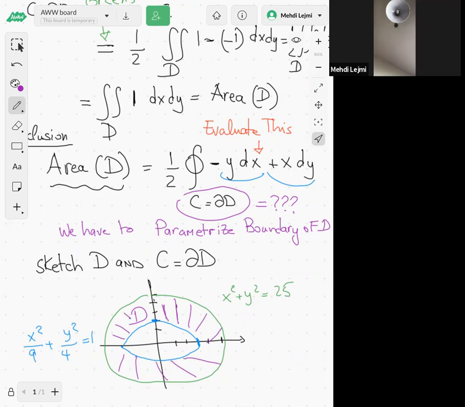And so what would be the boundary of D? Well, the boundary of D, of course, would be given by these two curves. We have the first circle here, the outside one. Let's say this is C1. And then the second piece of the boundary would be the ellipse.